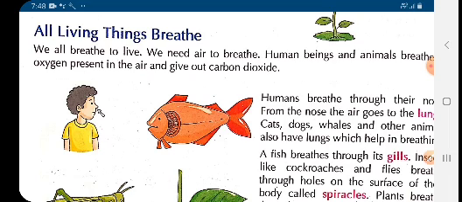So children, as we know, different living beings breathe through different organs present in their body.